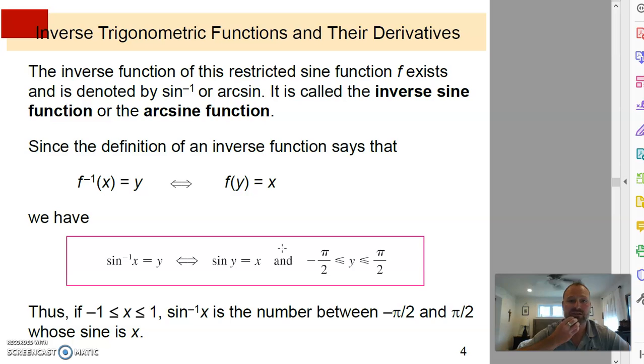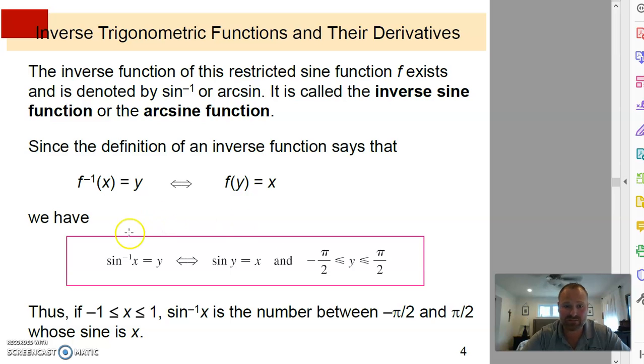Okay, so the inverse function of this restricted sine function f exists and is denoted by the inverse sine, sine to the -1, or the arc sine. It is called the inverse sine function or the arc sine function. The definition of an inverse function says that the inverse of f of x equals y, and therefore f of y equals x.